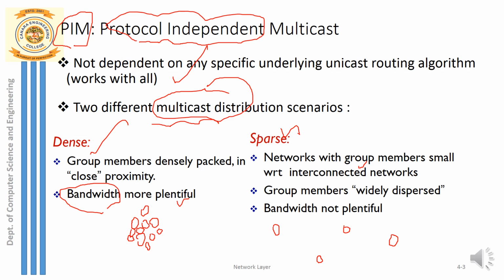So they are widely dispersed, and for this you don't require much bandwidth. Why? Because they are all widely separated, right? So they are widely spread throughout, that is why you don't require more bandwidth. So these are the two types of multicasting scenarios you have, one is dense and the other one is sparse.